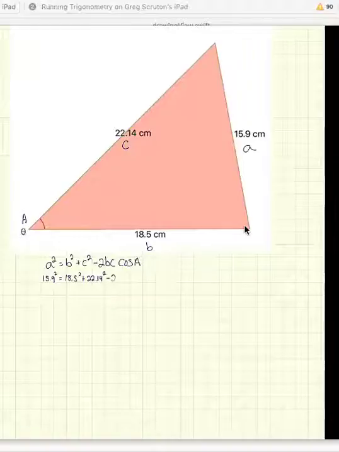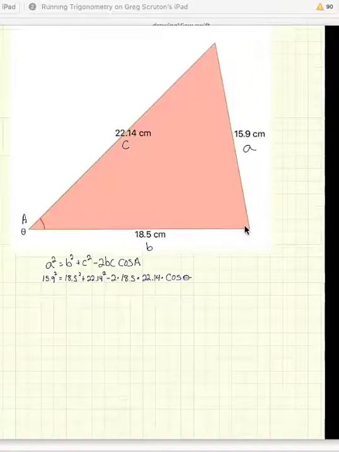Take away 2 times B, which is 18.5, times our C, which is 22.14, times the cosine of A. And our angle A is our unknown. Now in this case, I'm just going to use theta. Okay, so we're trying to find theta.